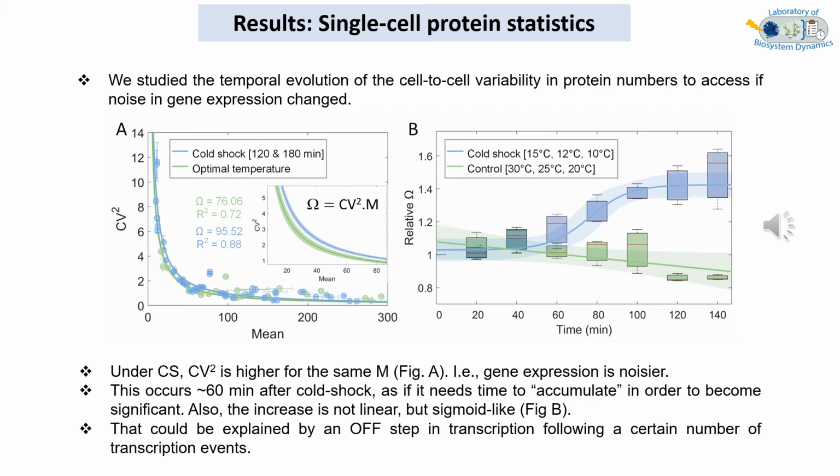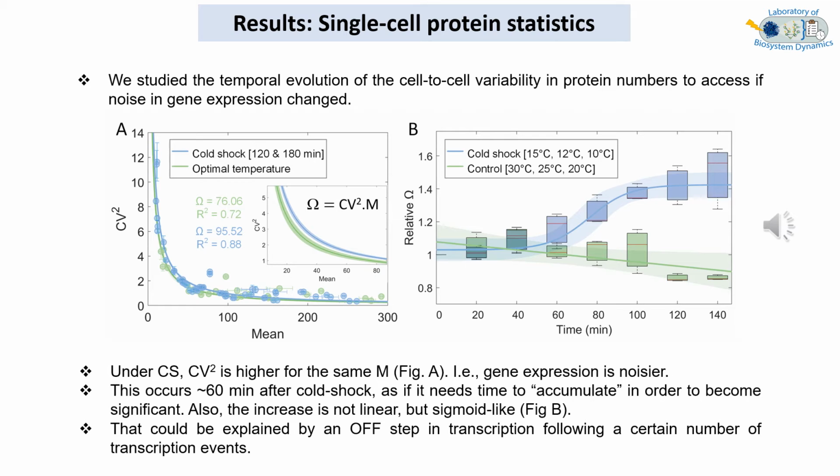And then we fitted a line, and you can see that the lines don't actually match for cold shock and optimal temperature data. And it is more noisy for cold shock as measured by omega, which is the product between the squared coefficient of variation and the mean.